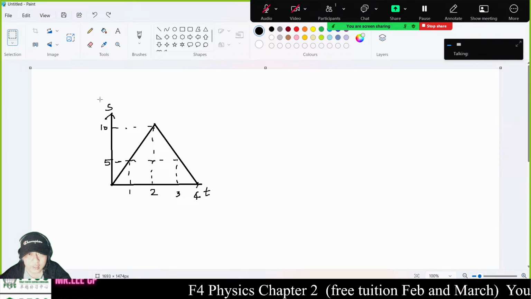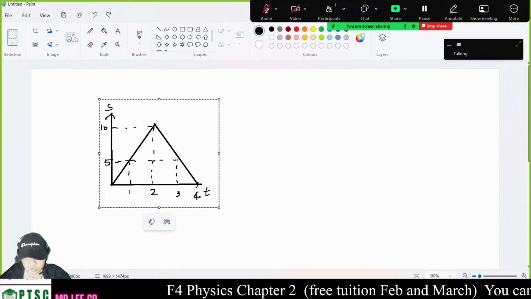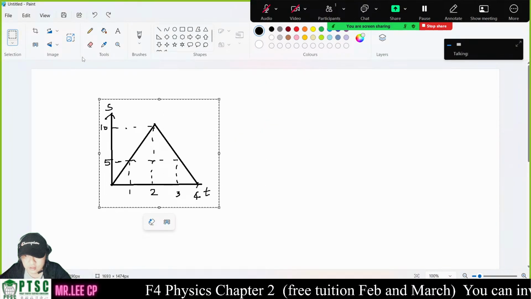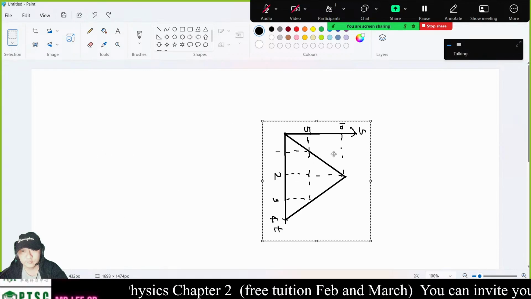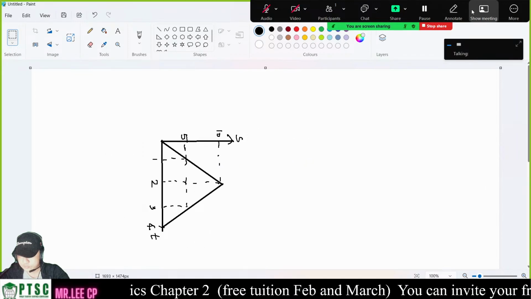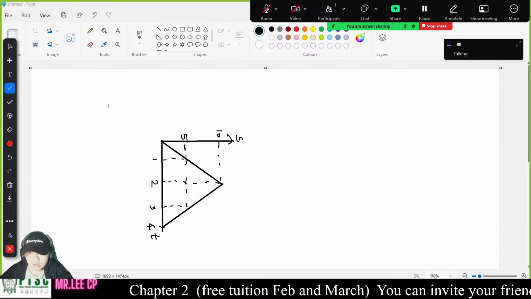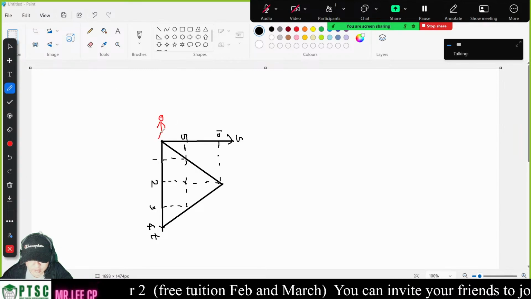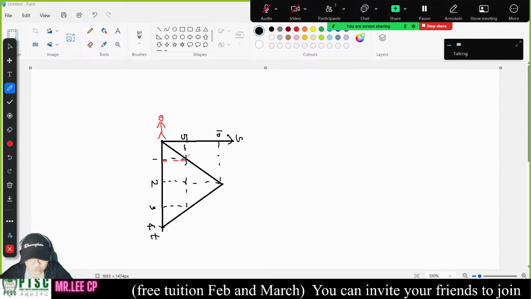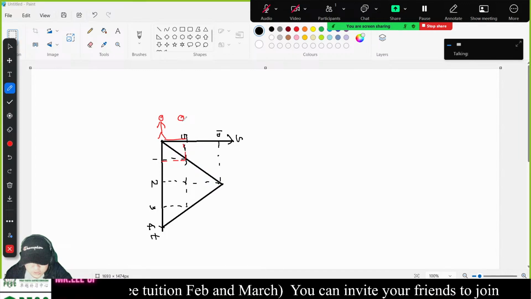Okay, now I want to try to turn it this way. Now what am I doing? I'm here, right? First second I move to here, 5 meter.